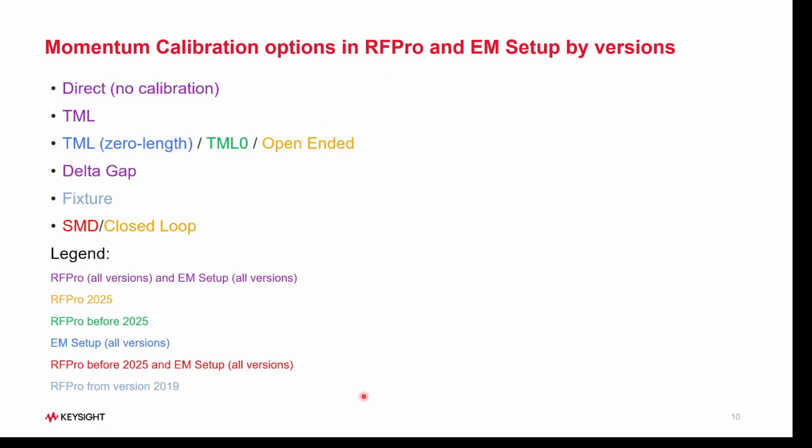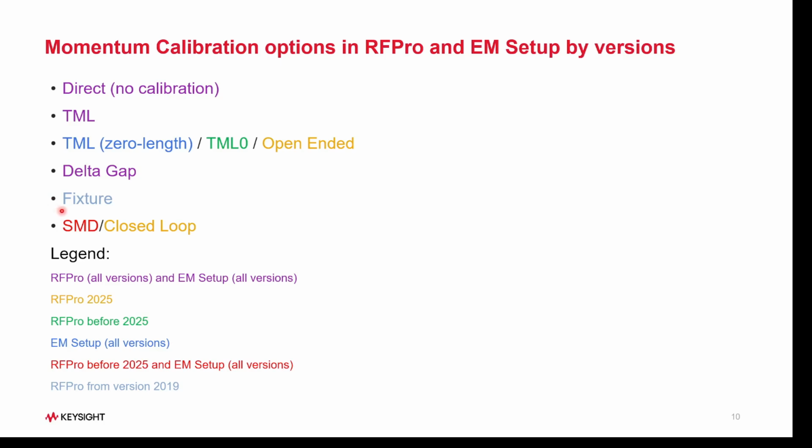Now this is a bit complicated, but for those of you who are using EM setup and earlier versions of RF Pro, let me clarify the chronology. For example, TML 0 length is the nomenclature used in EM setup. In RF Pro before 2025, we call it TML0, and now it's called open-ended. The ones you see in purple have been consistent in nomenclature between RF Pro and EM setup.